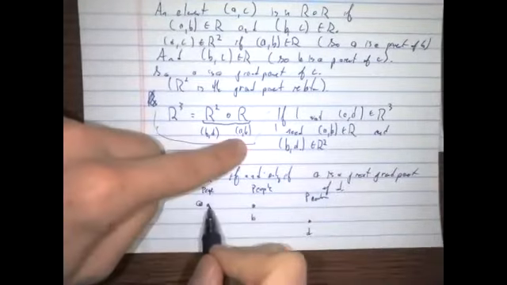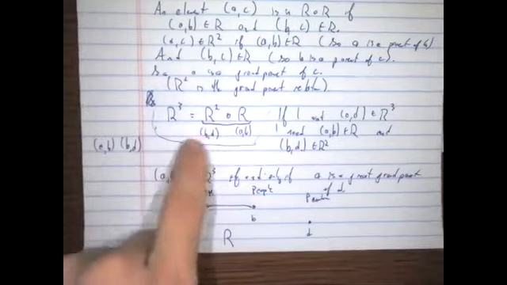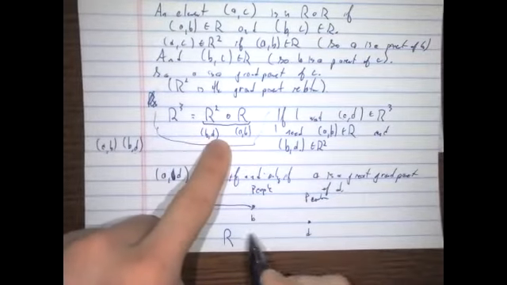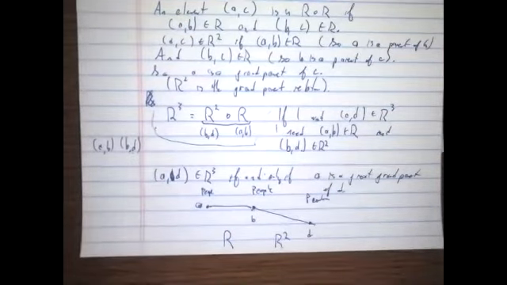So first I go from A to B using relation R, and then I go from B to D using the relation R squared. Is that okay?